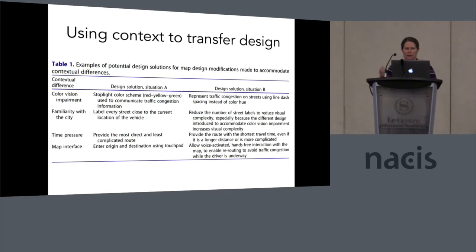For example, we might use a different symbology for the color vision impaired person. We might reduce the number of street labels for a person who's unfamiliar. We might give a route with a longer travel time, but that's simpler.